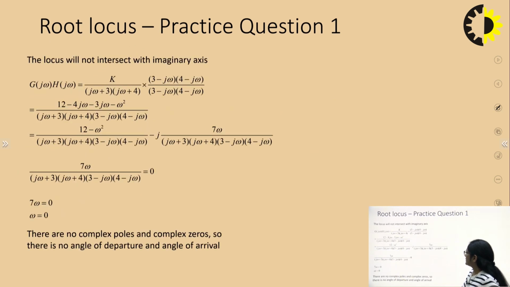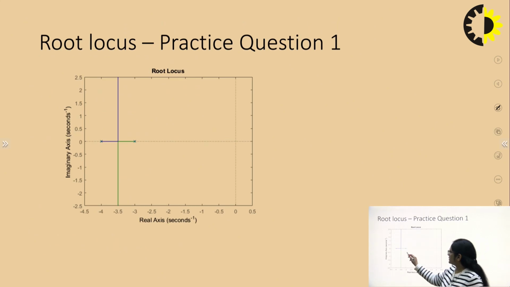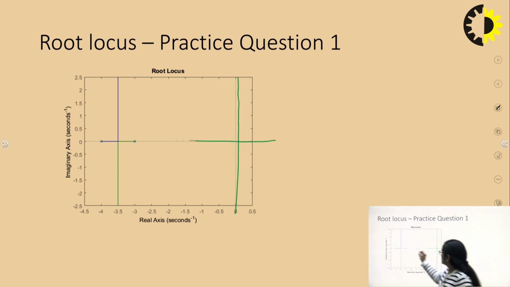So for your reference, I have plotted here. We can see this is the MATLAB sketch of the system which I have taken as example 1. We can see here that this is the minus 3.5 line, this is the axis, right?